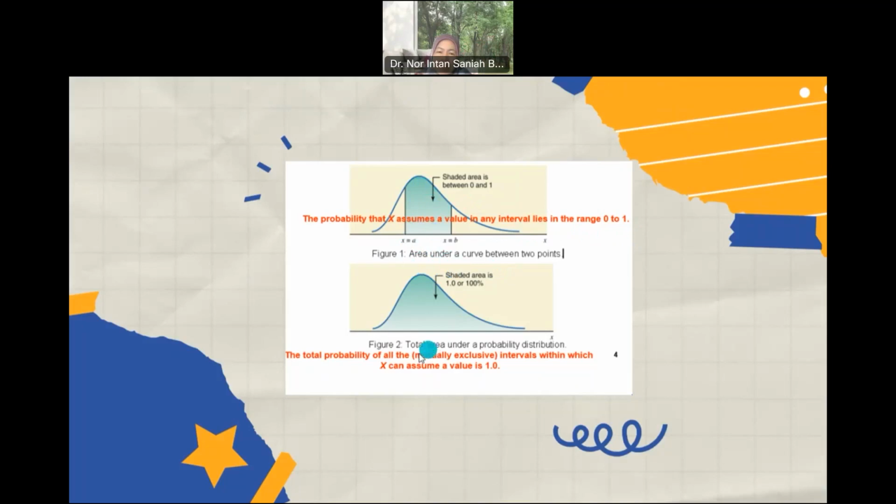In other words, the total probability of all the mutually exclusive intervals within which X can assume a value is 1.0. The term that I forgot just now is probability distribution.